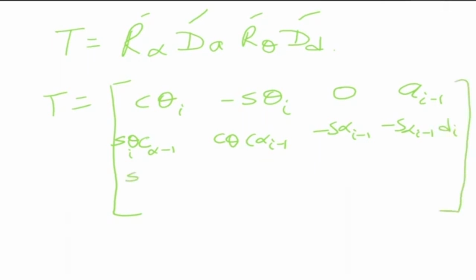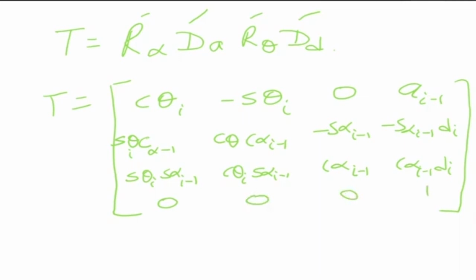And this one is sin theta i sin alpha i minus 1, cos theta i sin alpha i minus 1, cos alpha i minus 1, cos alpha i minus 1 d i, and then 0, 0, 0, 1.